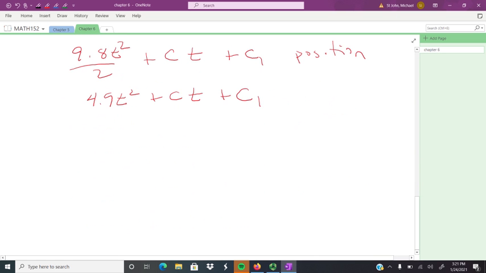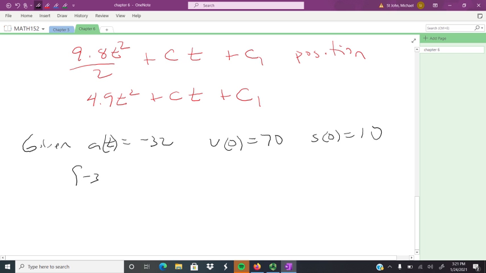So let's do an example of how this would work. So let's say we are given that a sub t equals minus 32, v naught is 70, and s naught is 10. So if we integrate negative 32 dt, we get velocity equals minus 32t plus c.